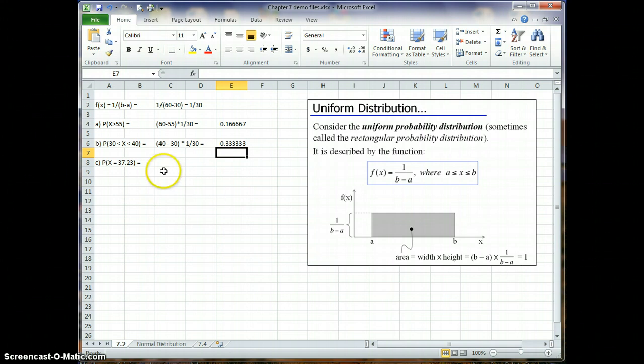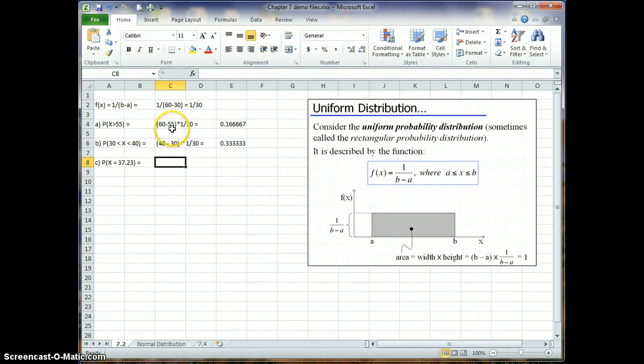And then we've got the question here of the probability of it taking exactly 37.23 minutes to complete the quiz. And we know that because this is a continuous probability distribution, that probability is going to be 0, that it's going to be exactly that, because again, we're calculating the probability of a range.